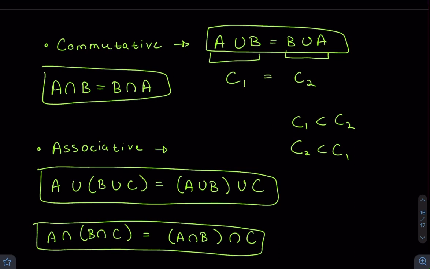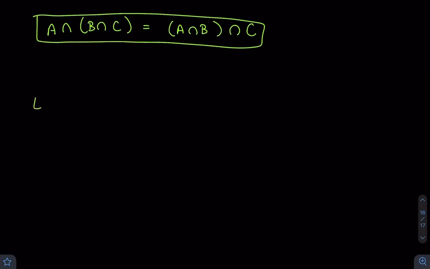Maybe it's worthwhile to actually prove one of these properties. So let's prove the commutative property for the union. So let's show that A union B equals B union A. And again, how we're going to prove this is we're going to prove that if we choose any arbitrary object in this set, then it must also be in this set, which will allow us to say that this set is a subset of this.